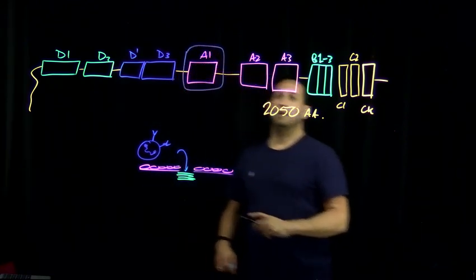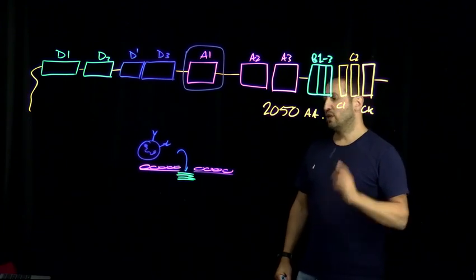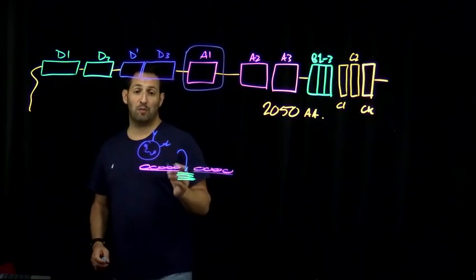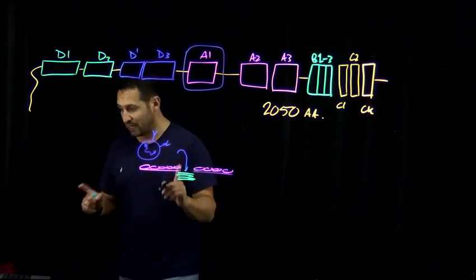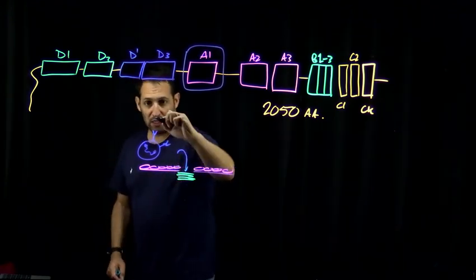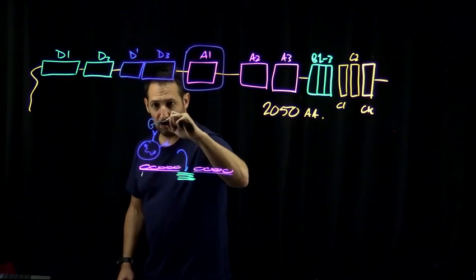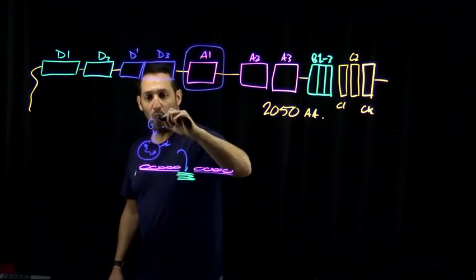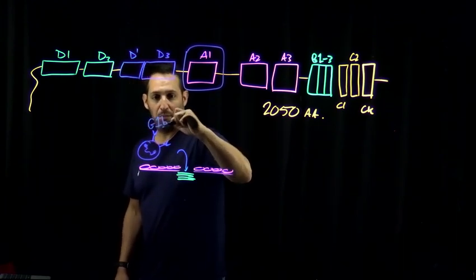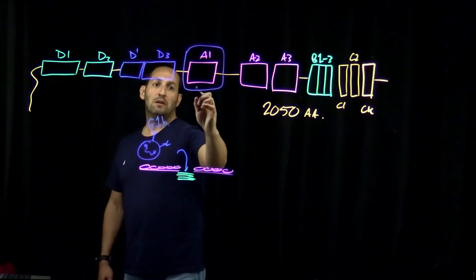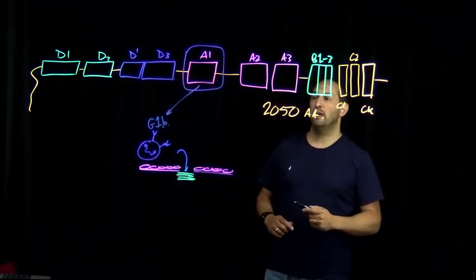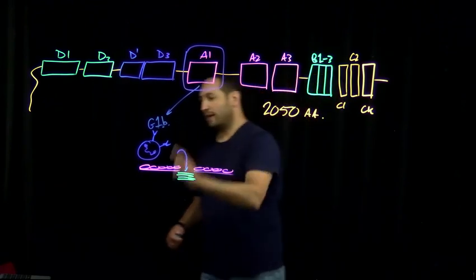Now, A1 is going to bind to a particular platelet glycoprotein. The particular glycoprotein that it binds to is called G1B. So A1 is going to bind to platelet glycoprotein 1B.